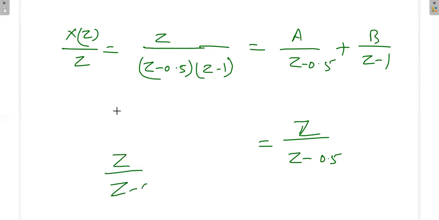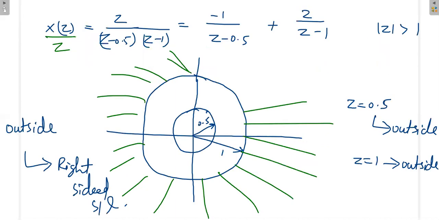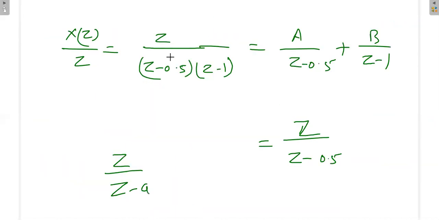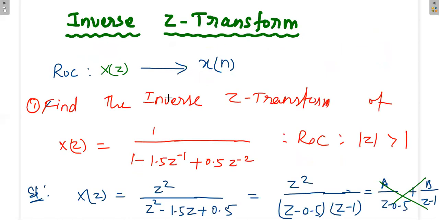That's why we take one z to the left-hand side before applying the partial fraction technique. Whenever you are operating with the positive power of z, always take one z downside.